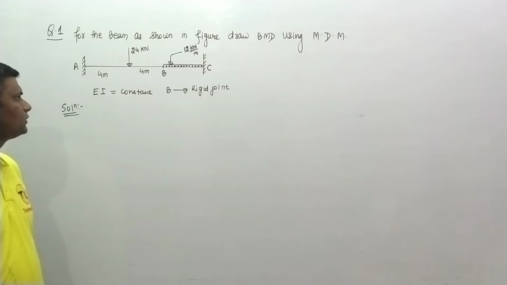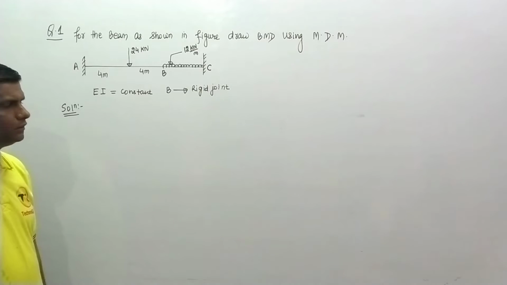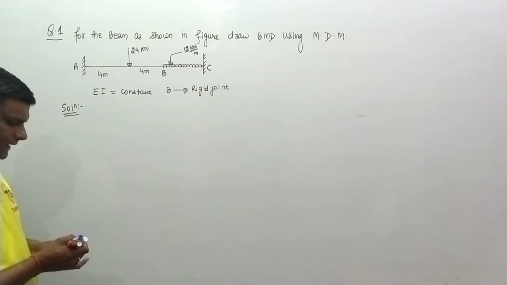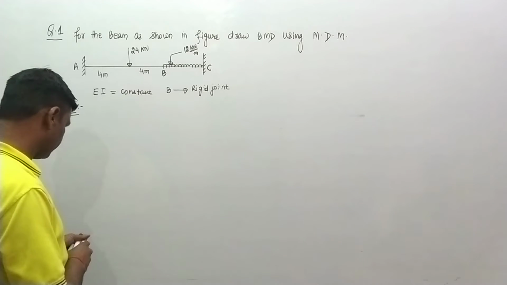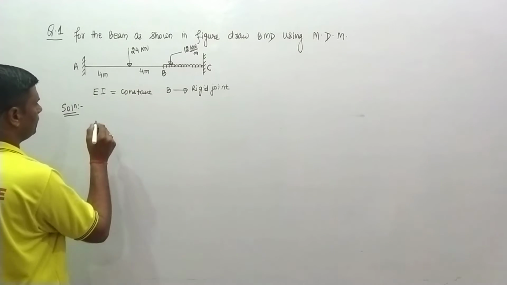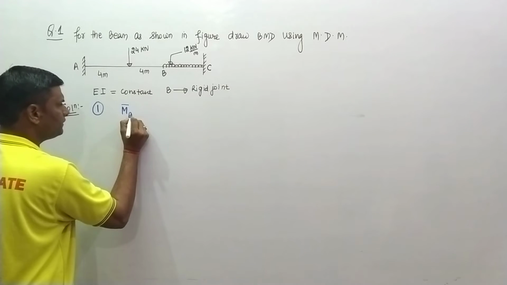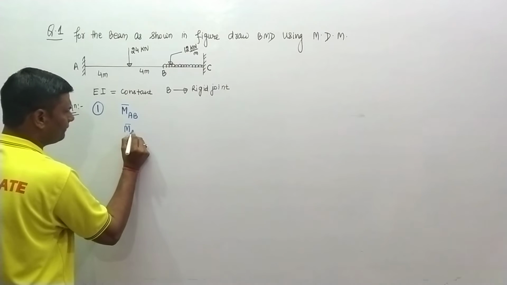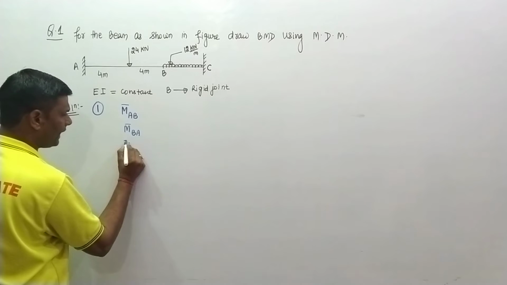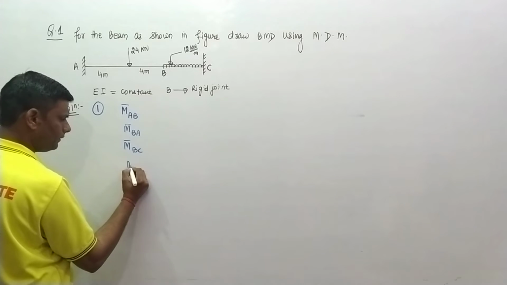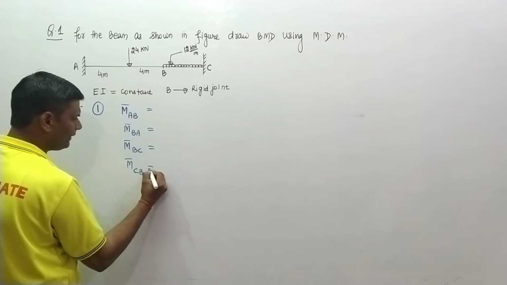Initially, here two spans are there, AB and BC. Okay, so my dear students, our first step is fixed end moment: M fixed AB, M fixed BA at A joint and B joint, M fixed BC and M fixed CB at B joint and C joint.